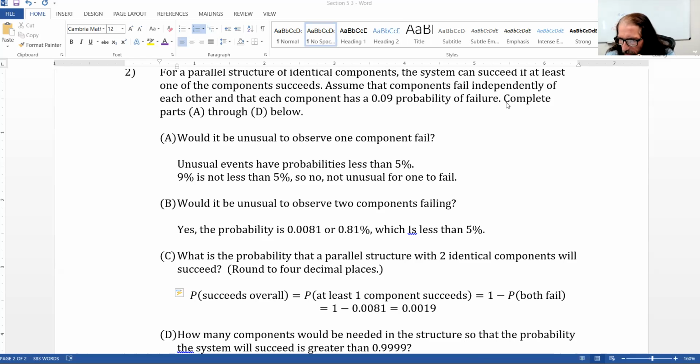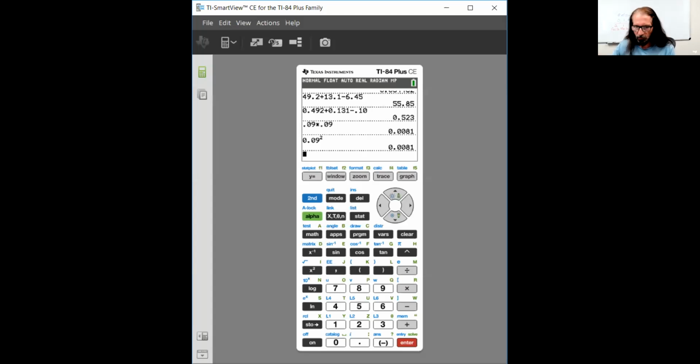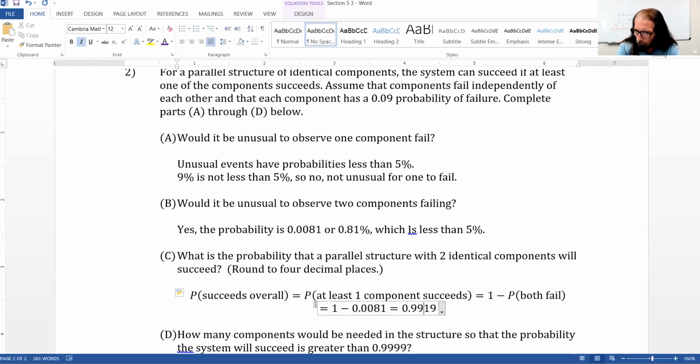So let's bring up the calculator and double check that. Strange, I just brewed myself some coffee. I should not have made a mistake like that. 1 minus the previous answer of 0.0081. Yep, 0.9919. All right, so let's type that out. And although it's not asking, that wouldn't be unusual. That's well above 5%.